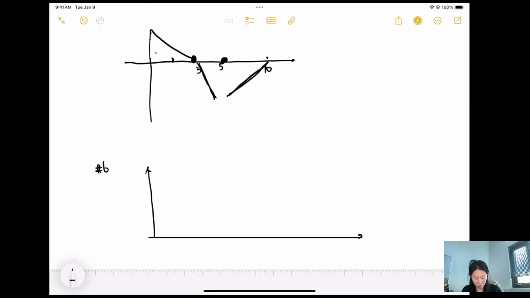So I have 5 and 10, 100, 200, 300, and the graph for number 6 is going down.